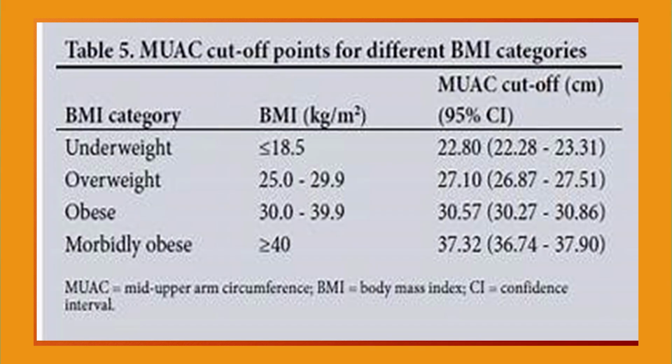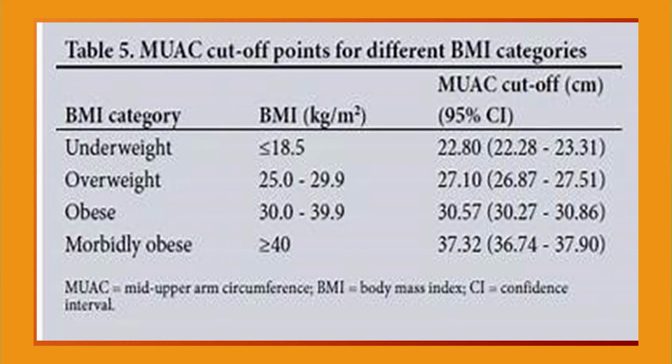Yes. So, if you use this particular index MUAC and see the cutoffs, and want to categorize underweight, overweight, obese and morbidly obese, then you can take help of both things.